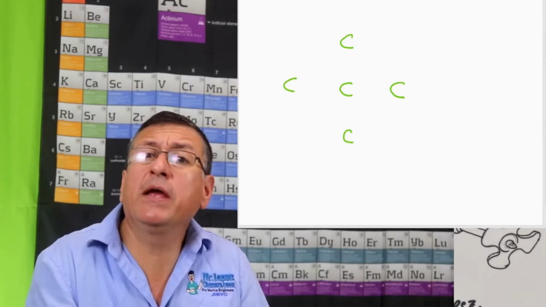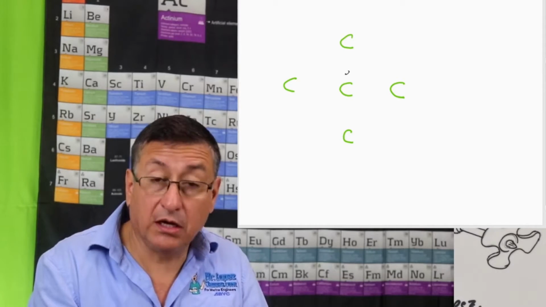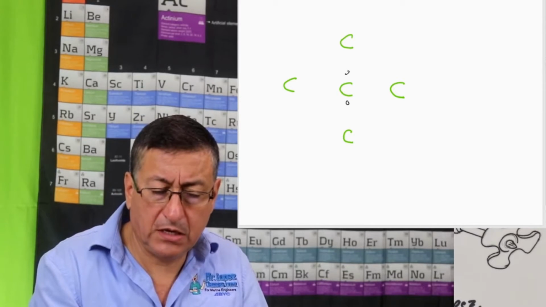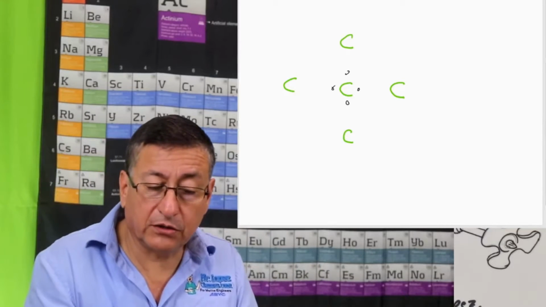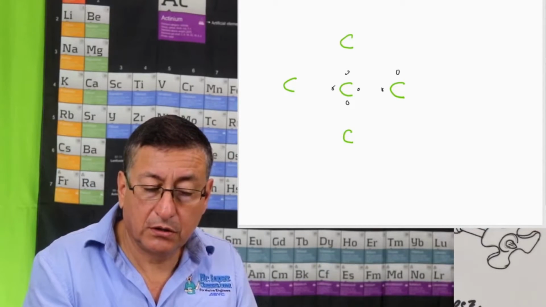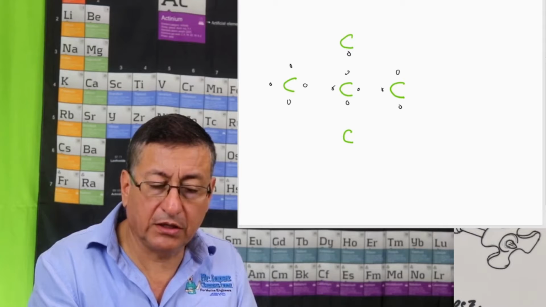And let me verify how many electrons a carbon has in the last orbit. Four electrons, no? According to the periodic table, it's located in group number 4, so it has 4 electrons. Each atom has 4 electrons in the last orbit.